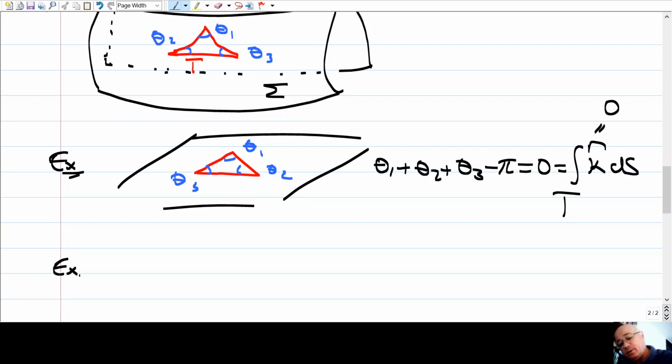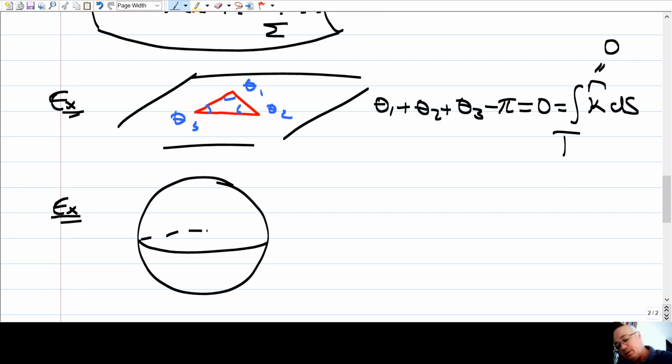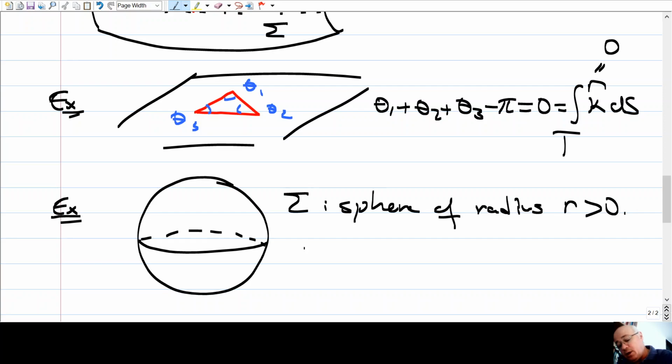Another example, let's say we have a sphere of radius r. We know that the Gaussian curvature at any point is just 1 over r squared.